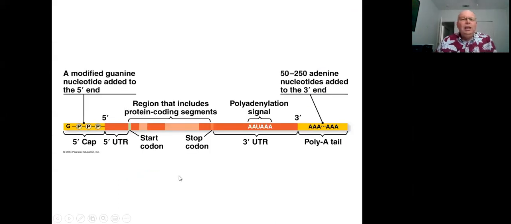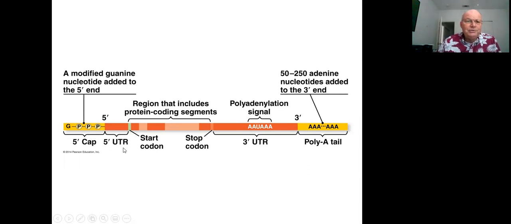So you can see here the regions that I was referring to. So here's the 3' UTR that tells how long to make the poly A tail. So this is what the RNA polymerase is going to read to determine how many A's to add on here. And then at the 5' end, not only do you put the cap in, but you've got this small region called the 5' UTR, again, untranslated region.